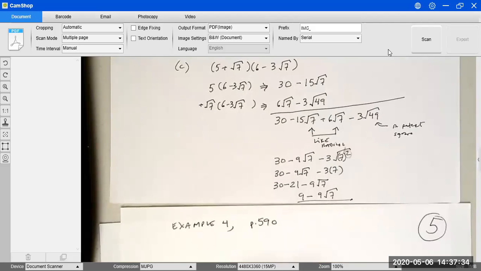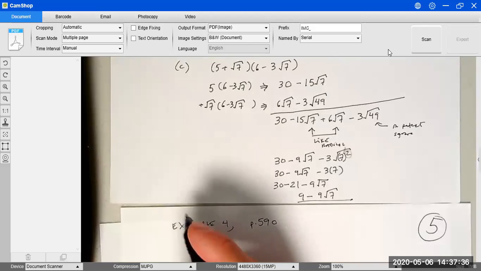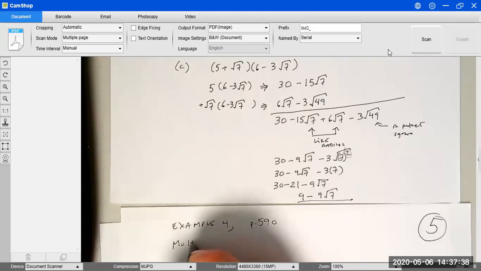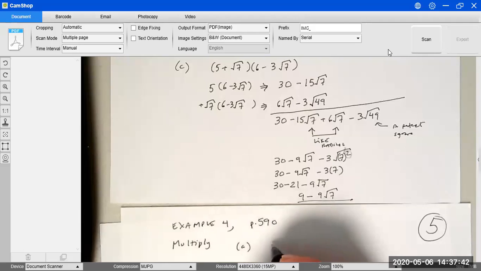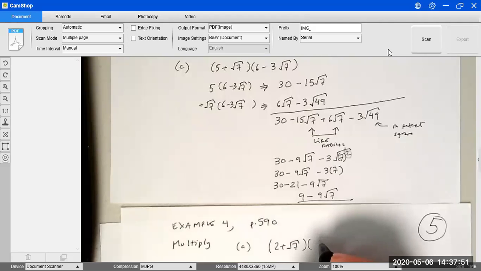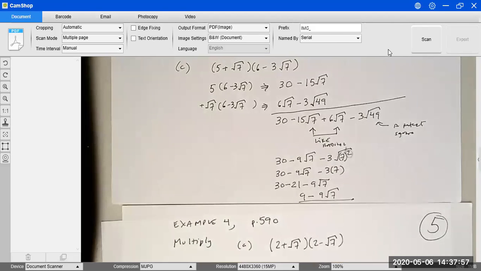So we're going to need to multiply first. We have 2 plus radical 7, and then that multiplies 2 minus radical 7. So let's do that.